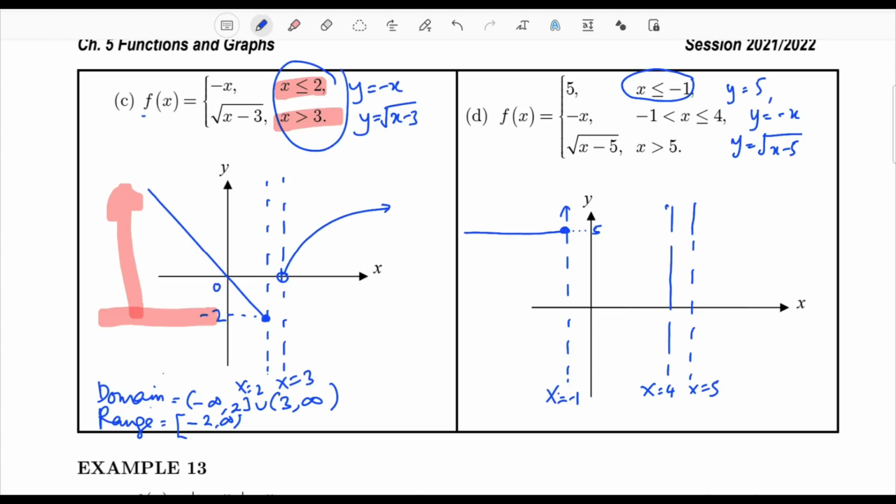When x is 4, it becomes negative 4. So it passes through the origin. Okay, so this is 1. Make sure you use ruler. Sorry. So this is 1. Okay, let's do it again.